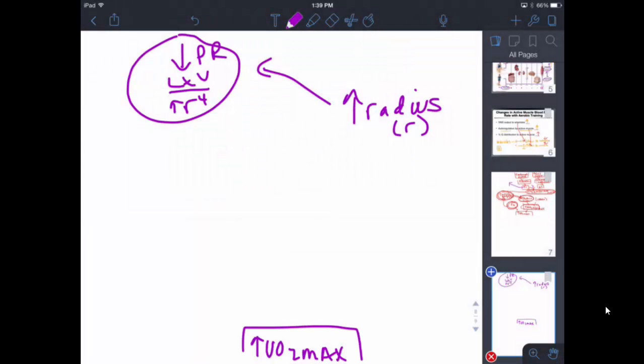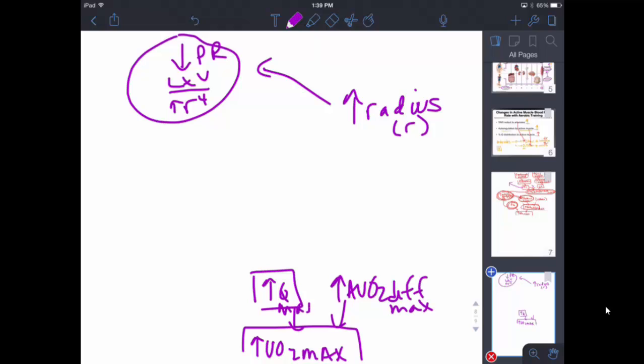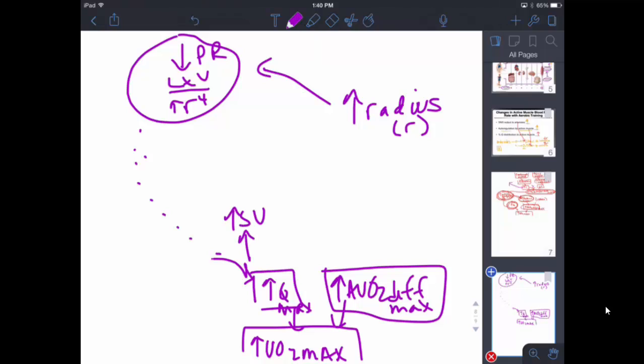Okay, let's see how much I can fit on here. And these are all max values. Okay. So do you remember how peripheral resistance leads to an increase in cardiac output? We know it has to do with an increase in stroke volume.